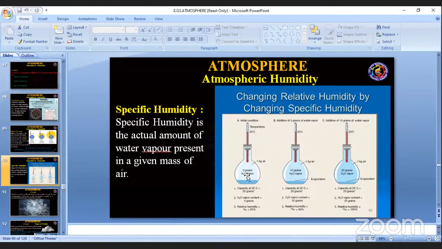All three, absolute, relative and specific, are the actual amount of water vapor present in the air. In absolute humidity, in a specific area, we identify how much water vapor is present.